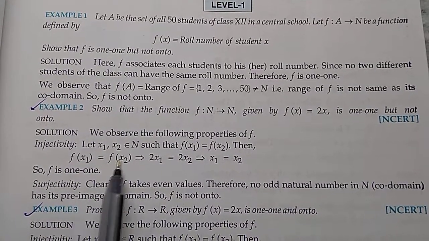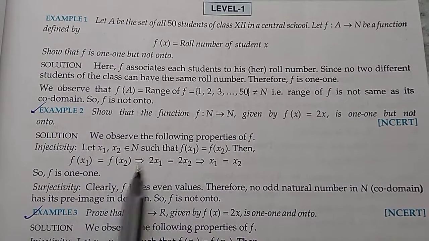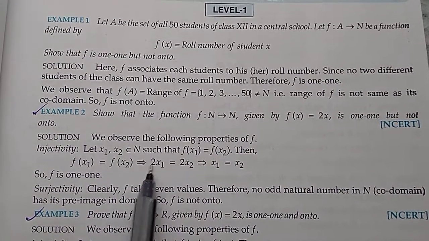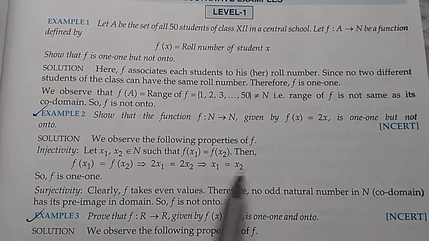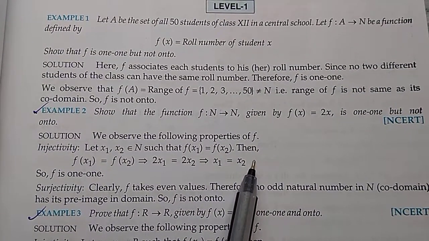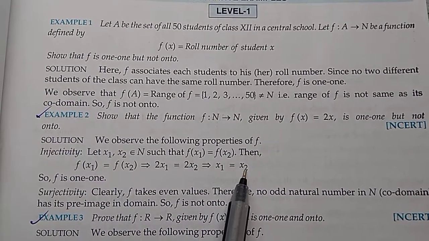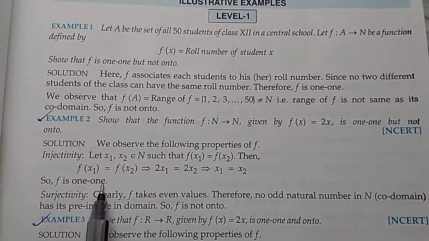Then f of x1 equal to f of x2 implies 2x1 is equal to 2x2, 2 cancelled, then x1 is equal to x2. That is, different images, so elements are the same. So f is 1-1.